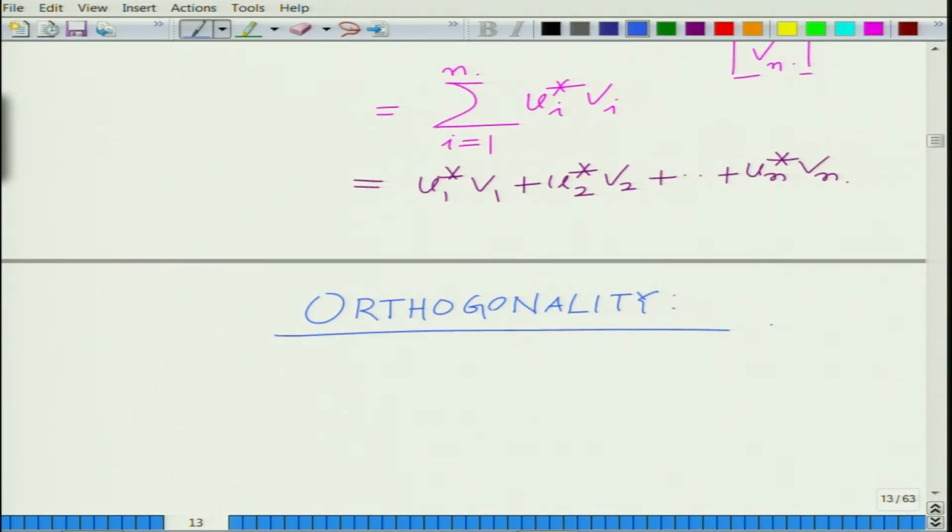Right, the notion of orthogonality of two vectors, and this is a very important property. Two vectors are orthogonal, or perpendicular, if their inner product is 0.